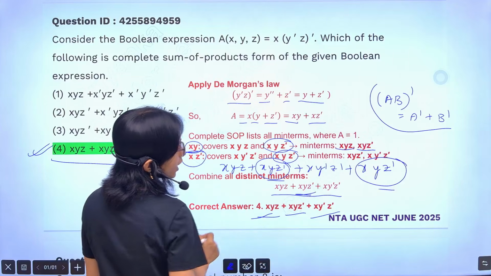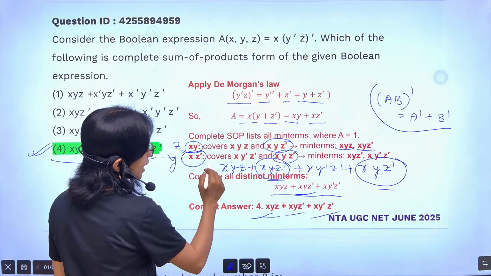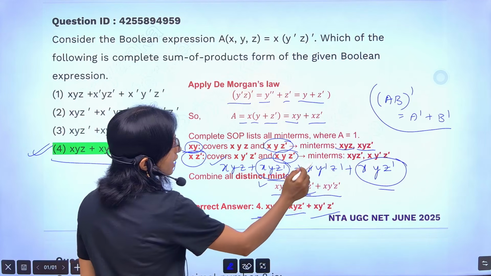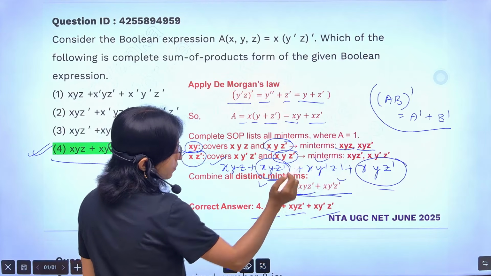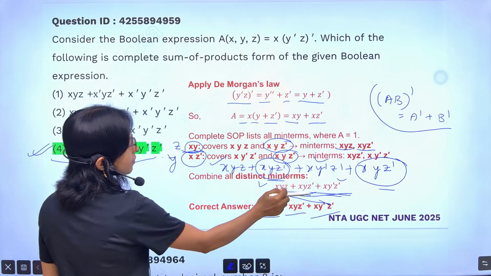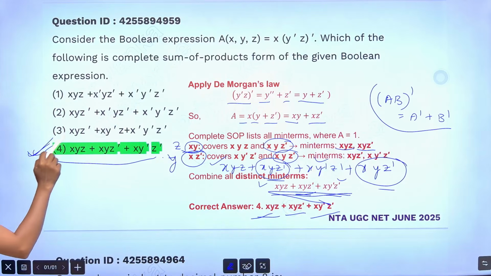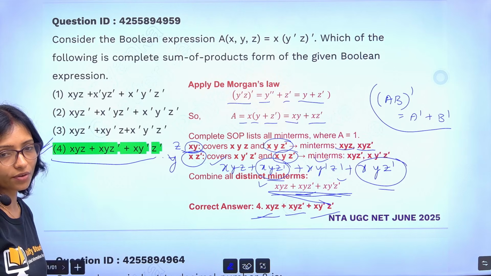I write it only 1 time as xyz bar, and then I take this xyz and this xy bar z bar. That means after minimization I am getting option 4. Got it? I hope it is clear to everyone.